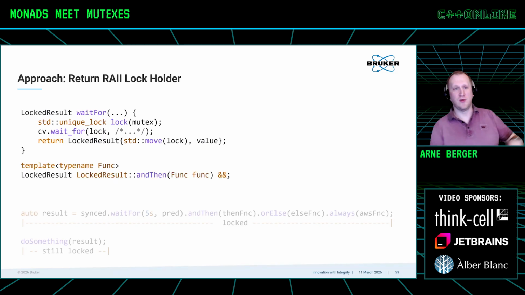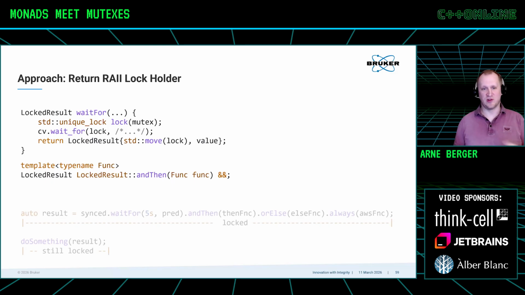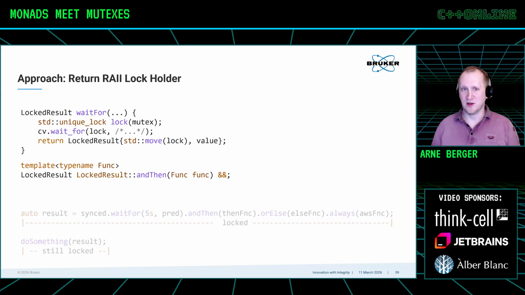So I move it down the chain, and the andThen function again returns the locked result, which gets passed on the ownership and so on. Which for me is okay, that's a typical C++ thing. I move the ownership through the classes, and then the last destructor is responsible for clearing up.